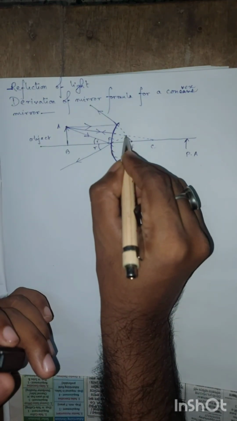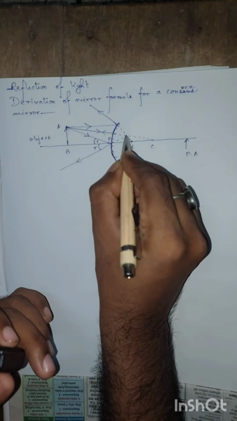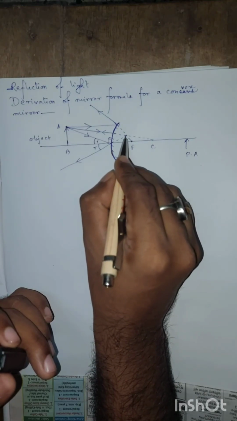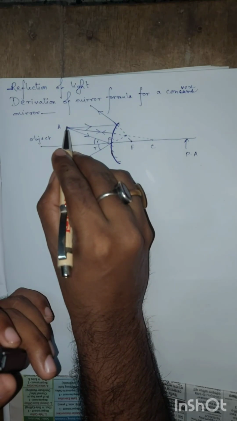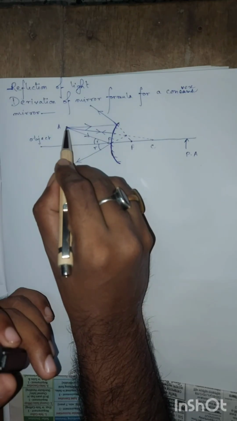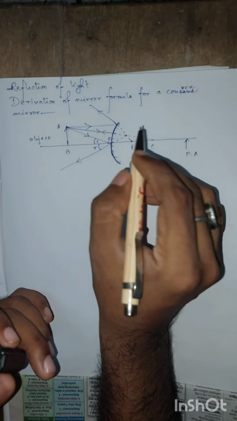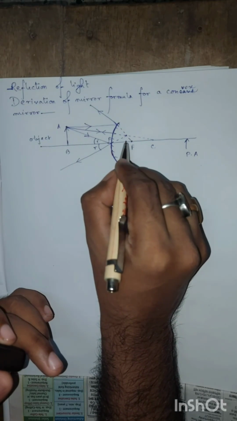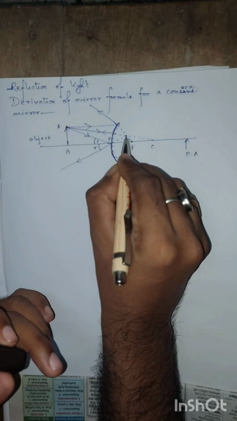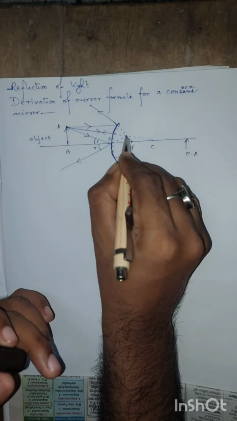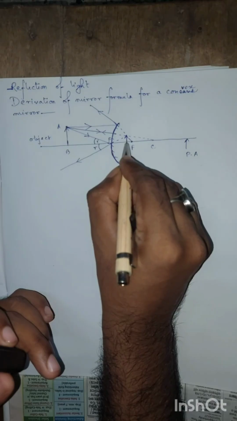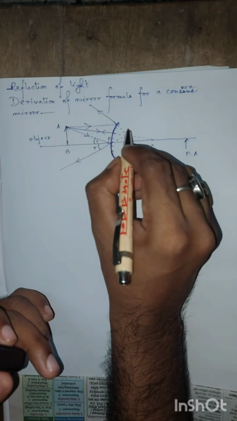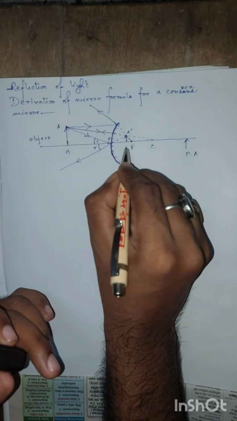So this point is the image of this point. At this position we are getting a virtual image, which can be denoted by A dashed B dashed.